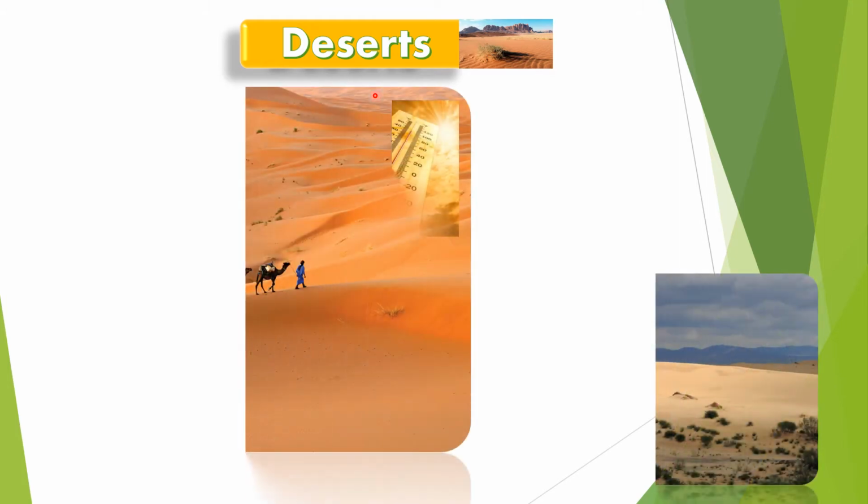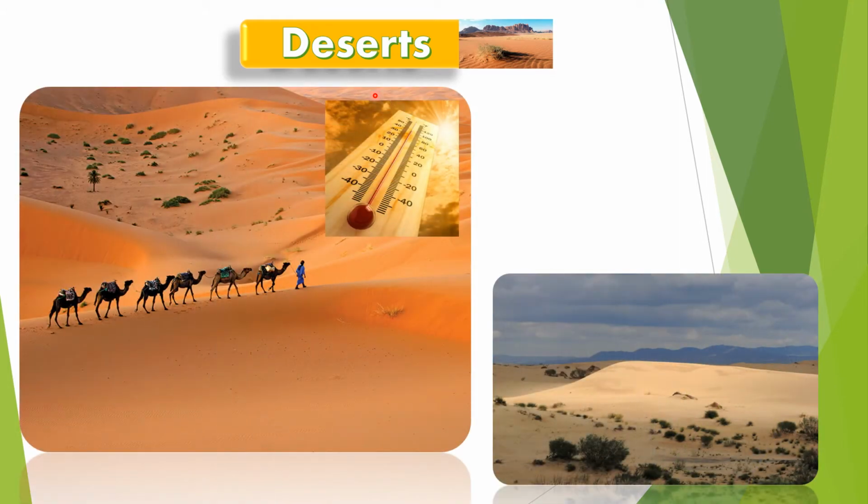Now, after plains, deserts. What are deserts? Deserts are the driest place on the earth. Why driest place? Because they receive very less rainfall.